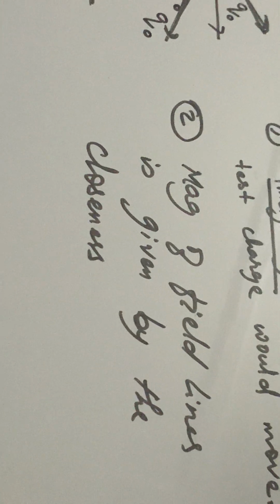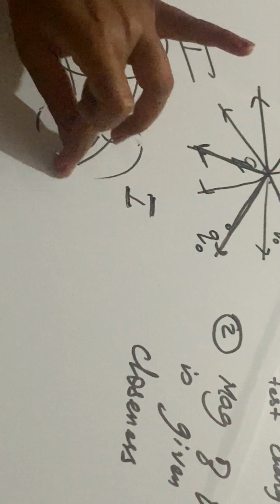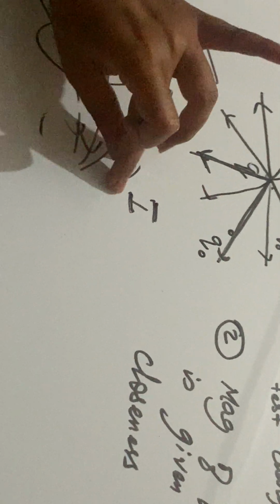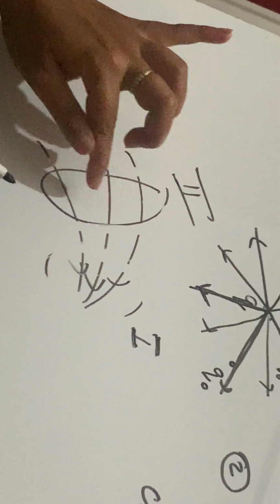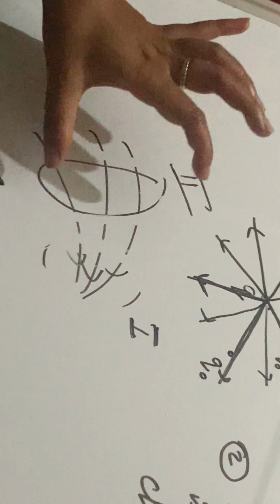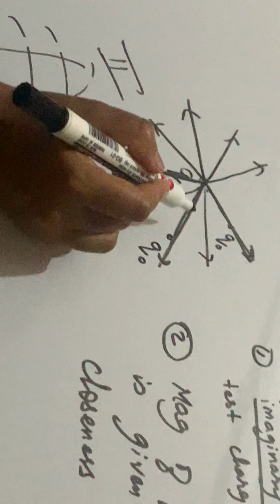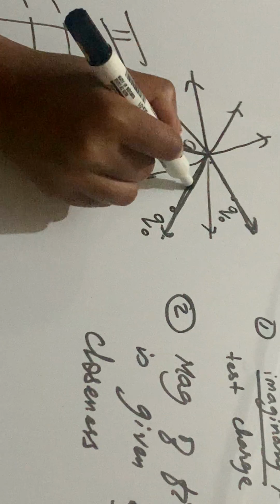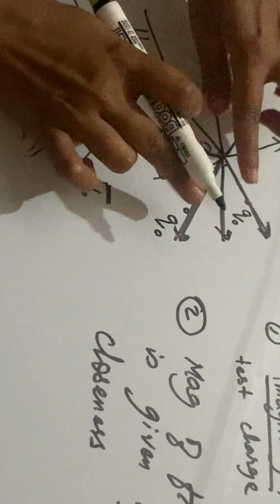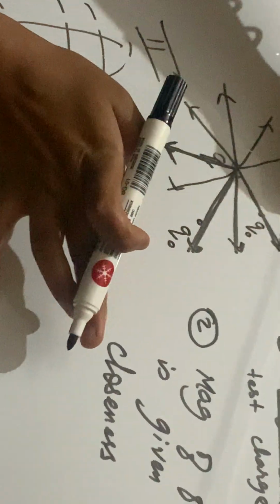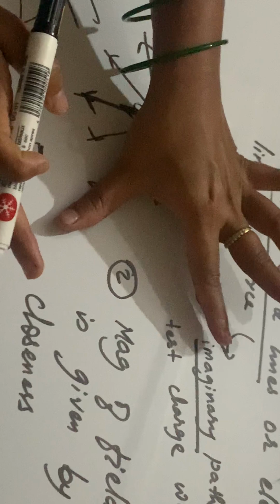Here the lines are closer, that means the electric field is strong. Here the lines are far away, that means the field is weak over here. Also, as I'm making the lines, they are diverging. It means that as we go away, the field gets weaker.